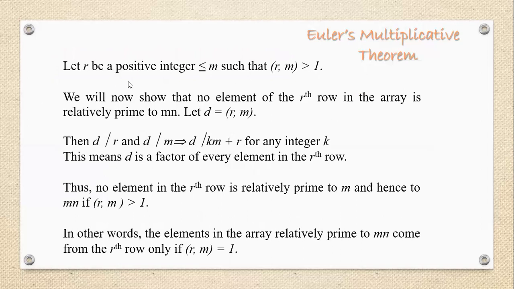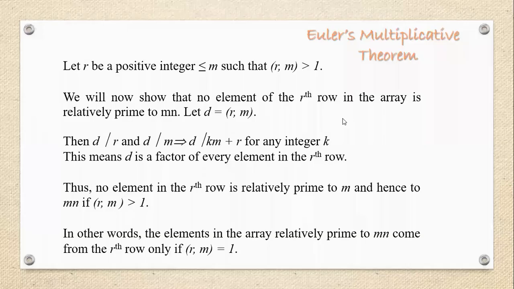let r be a positive integer less than or equal to m such that GCD of r comma m is greater than 1. So let r be a positive integer.